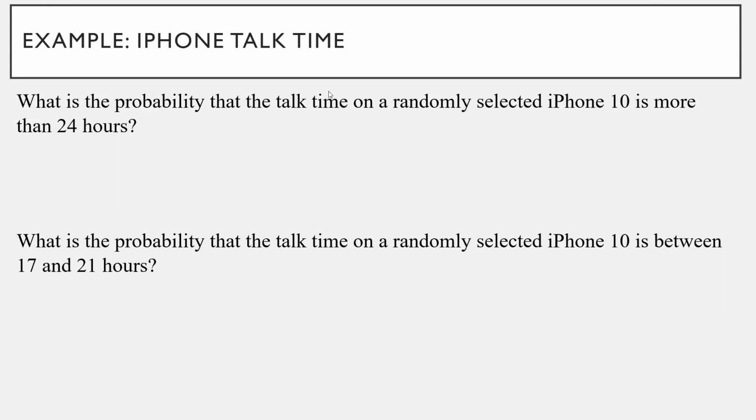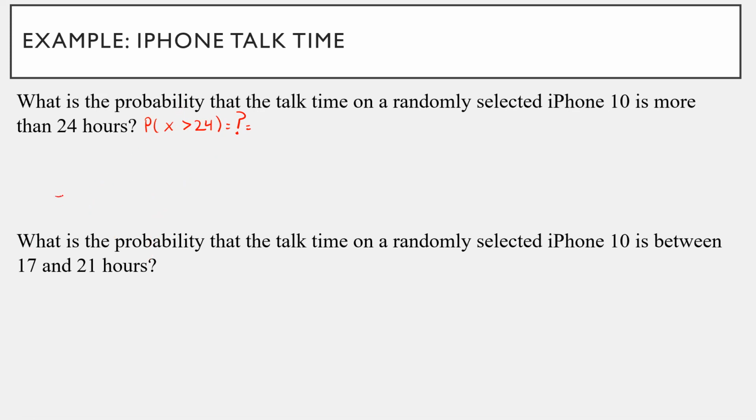Okay, so what is the probability that the talk time on a randomly selected iPhone 10 is more than 24 hours? So here it's now the probability that X is greater than 24. All right, well, we've written the probability statement.